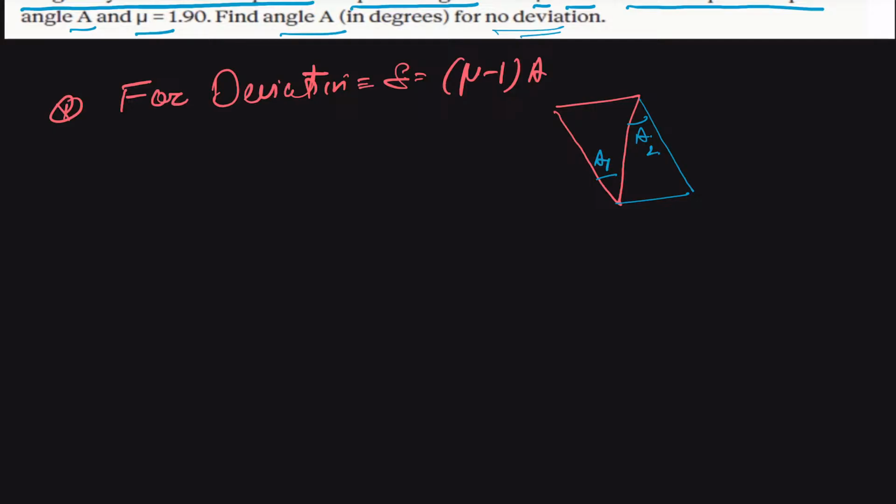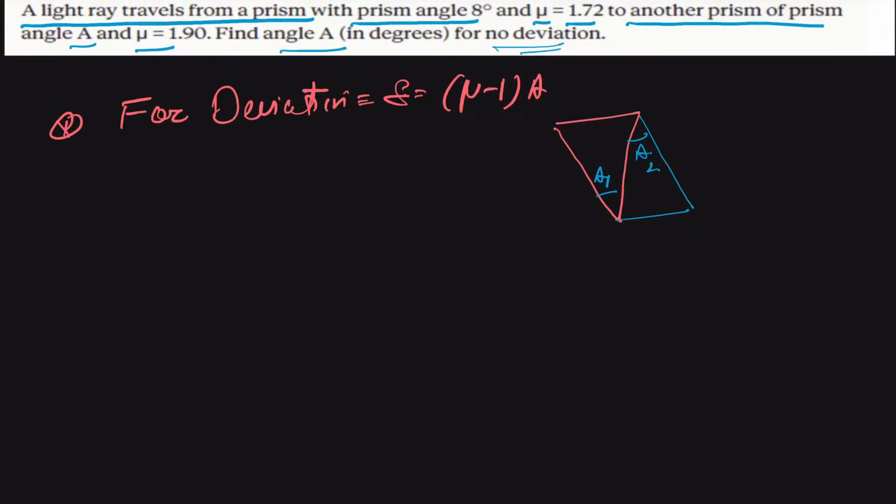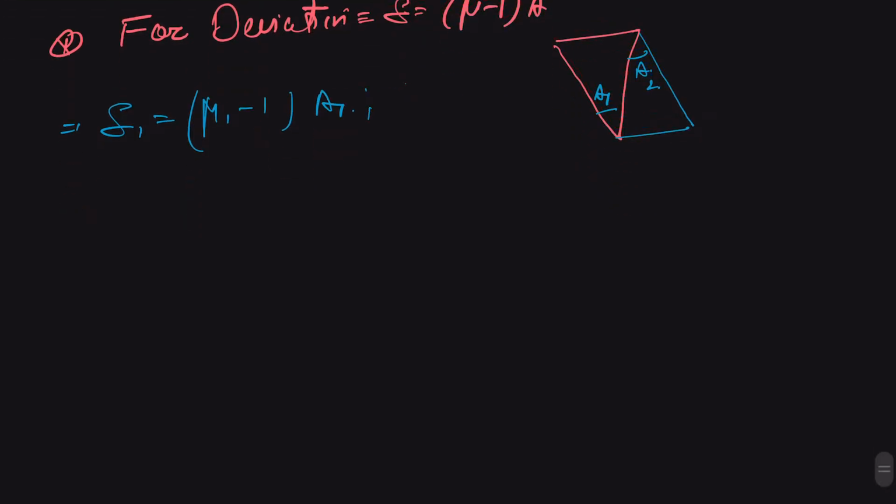So we have two prisms, and based on this we can write that delta 1 is equal to (mu 1 minus 1) A1, and for the second prism delta 2 is equal to (mu 2 minus 1) times A2.